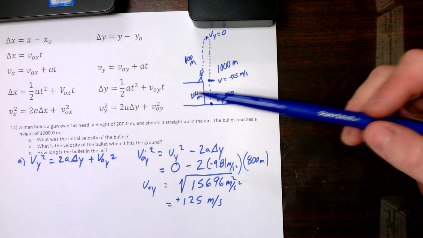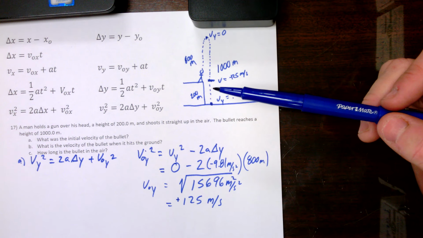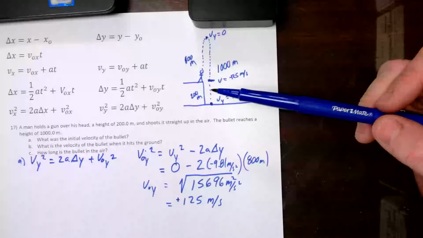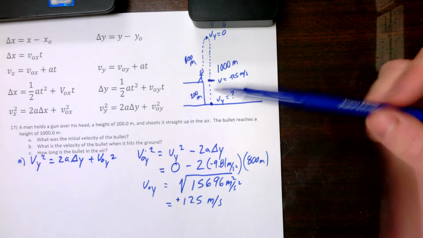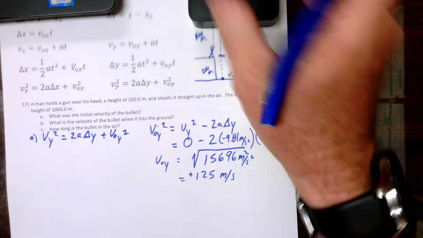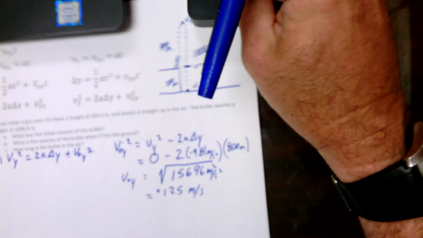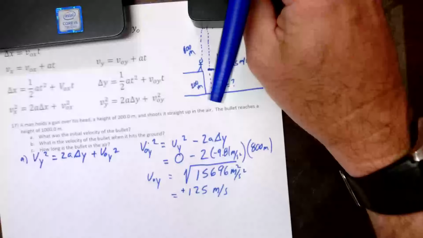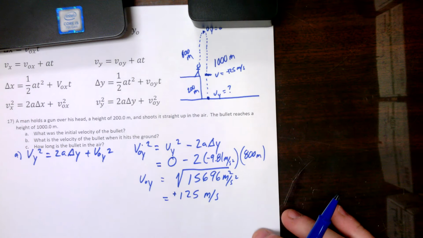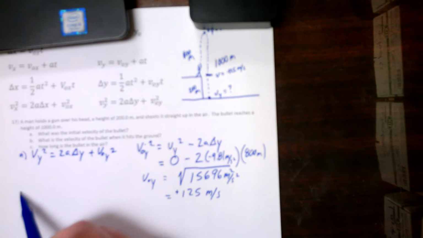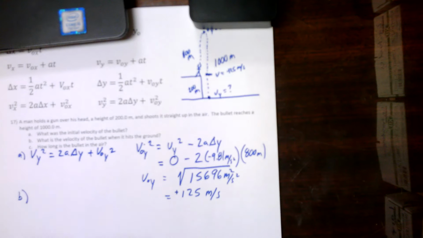I figured out what the velocity was as it came out of the gun. Okay, so now I've got enough here. So I'm going to go B.